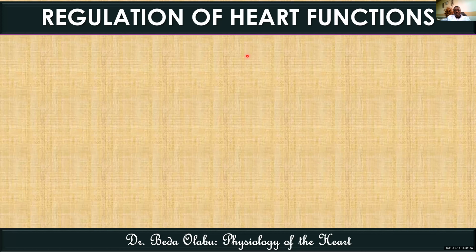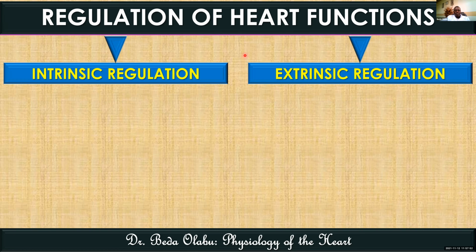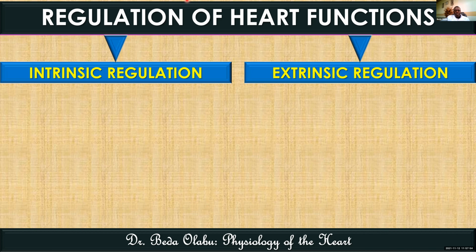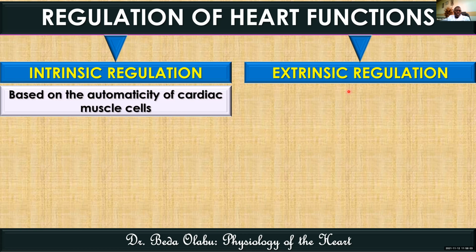So the heart function is regulated in 2 ways. We have intrinsic regulation and extrinsic regulation. Intrinsic regulation refers to the heart regulating itself, basically. And this is based on the automaticity of cardiac muscle cells, that the heart muscle is able to control its rhythm on its own.